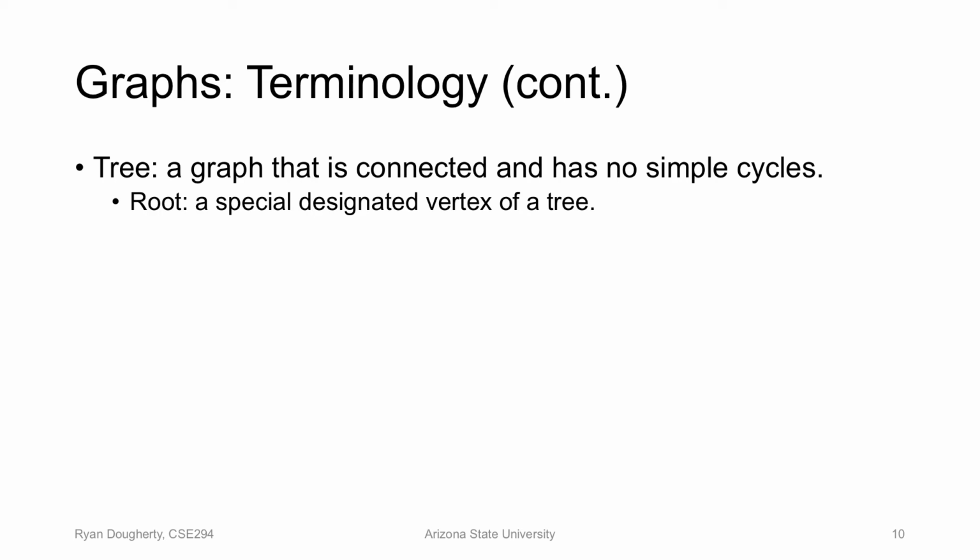A root is usually just some vertex of the tree. It actually doesn't matter which vertex I choose here, as long as it's some special designated vertex. A leaf is a vertex in this tree with degree 1. So it's just some vertex that's only connected to one other vertex, and that's it, right?